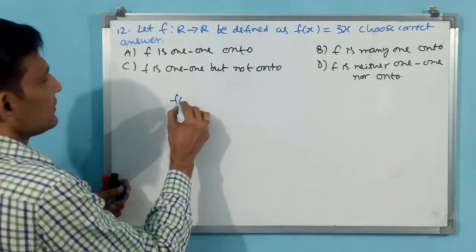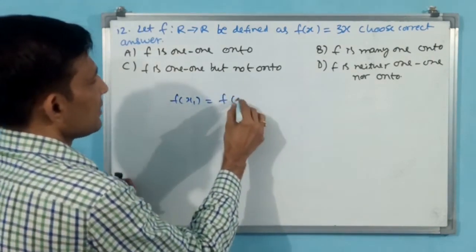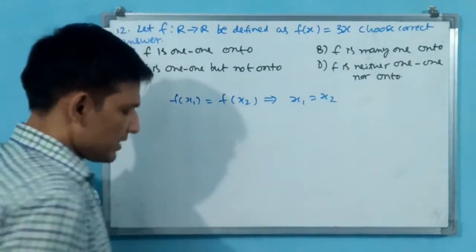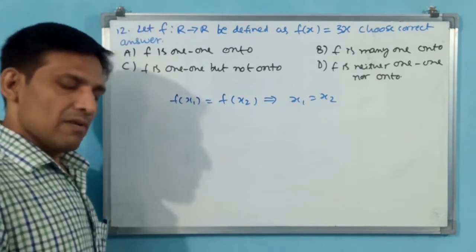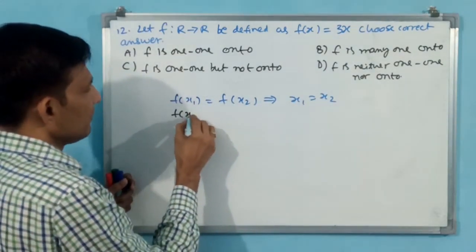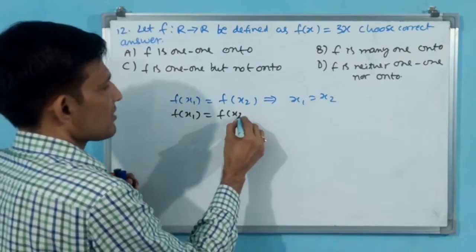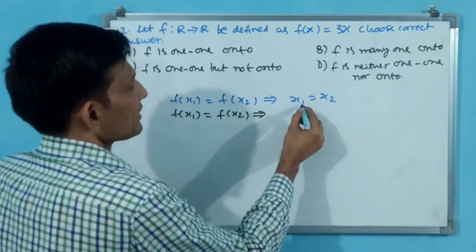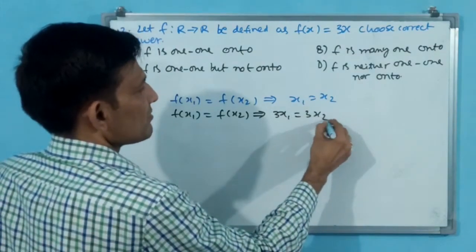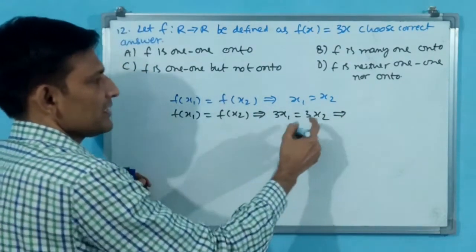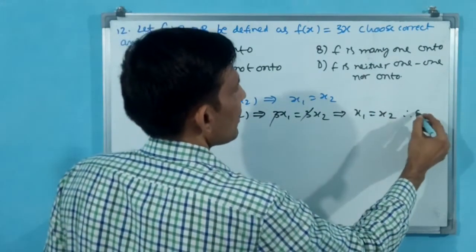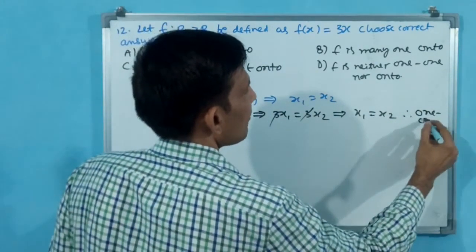Say f of x1 is equal to f of x2 implies x1 is equal to x2 means this is one-one. Whether it is one-one or not we will see. f of x1 is equal to f of x2, that implies 3x1 is equal to 3x2 implies, see, 3 gets cancelled, x1 is equal to x2. Therefore one-one.